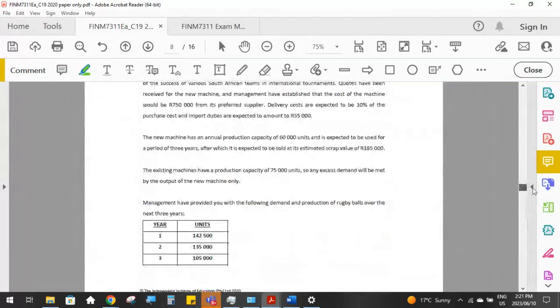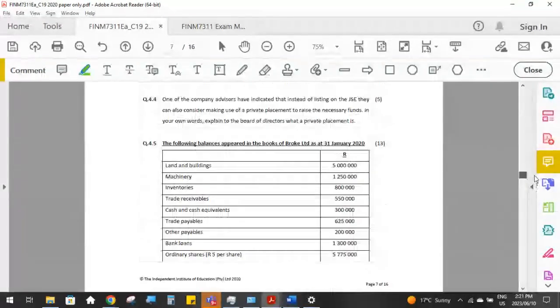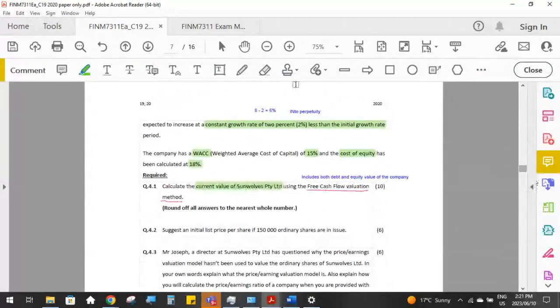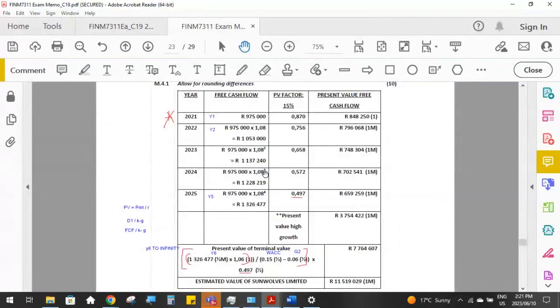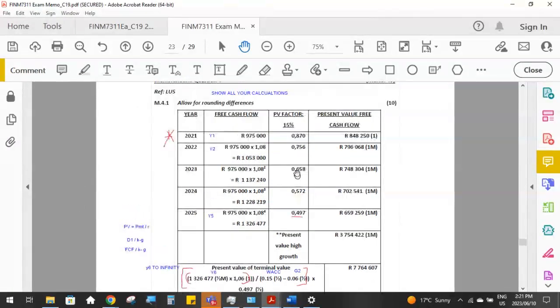You can also use your calculator. That obviously would take you just a little bit longer, and you also stand the chance of perhaps making a mistake. This would then be your present value factor formula: 1 plus R to the power of 1 for year 1, and sorry, that must be to the power of -1 because it's a present value factor.